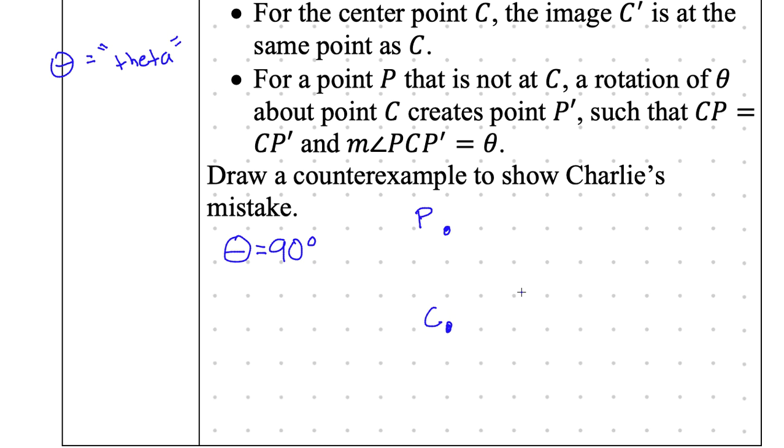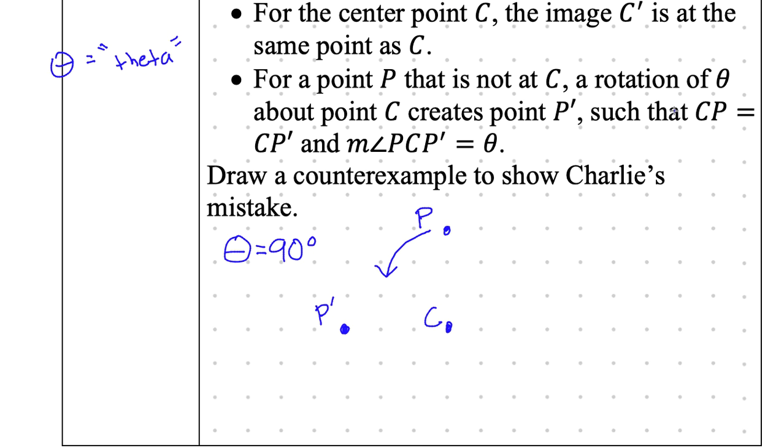Is that counterclockwise or clockwise, a positive 90 degree rotation? Clockwise is thumbs up, counterclockwise is thumbs down. Everyone has it, yeah, counterclockwise. So counterclockwise, this direction, 90 degrees, and I come down to this point, P prime, which seems okay.